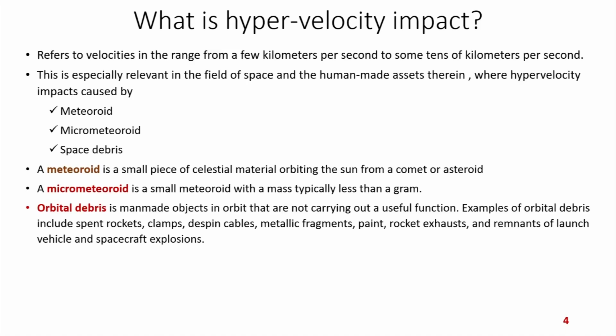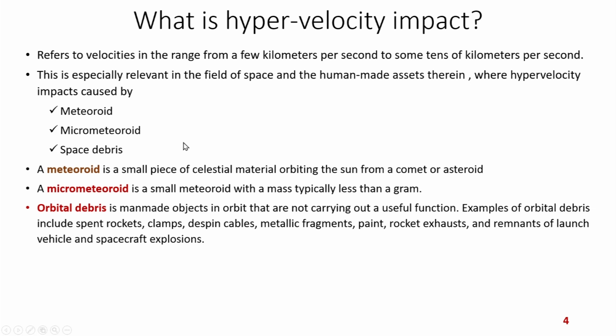The other examples can be the different types of clamps which are used in these rocket stages, then the de-spin cables, which are used to control the spin of the spacecraft bodies just when they are separated from the launcher.